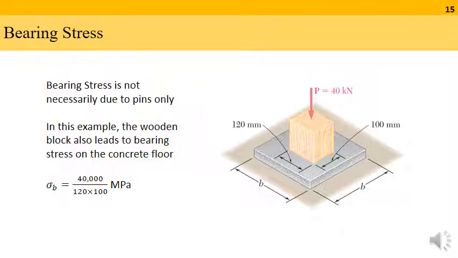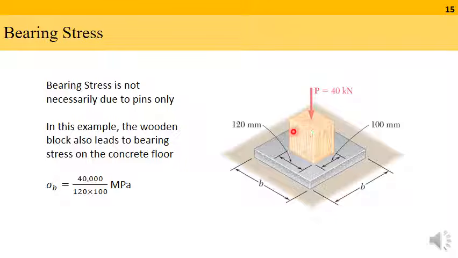It is not that bearing stress only occurs when you have a circular object or pins. It is also possible when a situation like this happens. Imagine that you have a concrete tile or a platform. On top of that there is a wooden block, and on the wooden block a load of 40 kilonewton is applied.